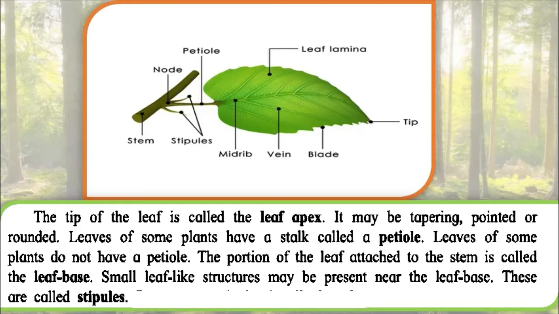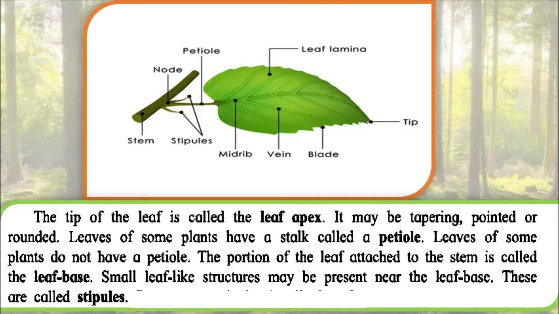Okay, now you can see in this picture small leaf-like structures coming from the stem, where the petiole and the stem are attached, arising from the leaf base. These are called stipules. Okay, so stipules, petiole, then we learned about leaf apex, and we learned about the blade or the lamina.